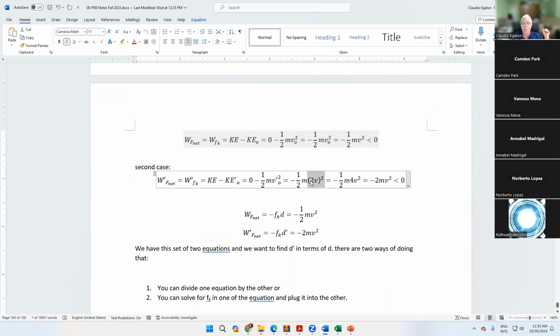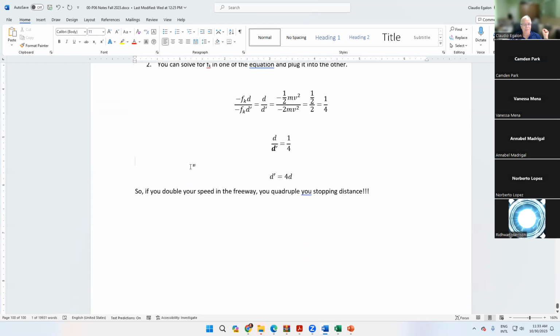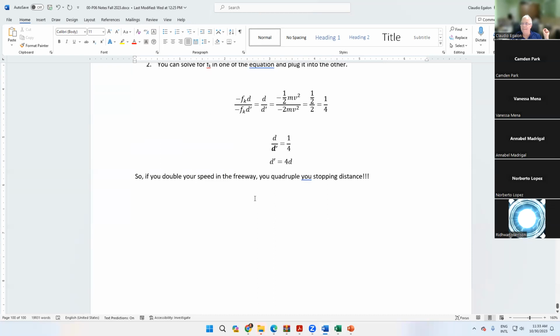Because we doubled our speed, and we have a square term, we end up quadrupling our stopping distance. So that's one nice example that you can keep in mind.